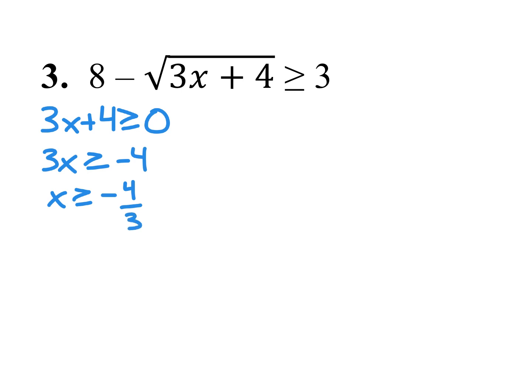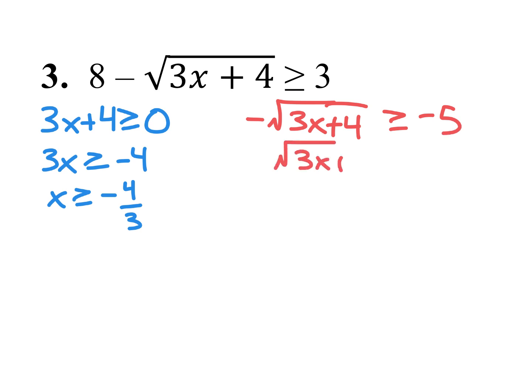Now I go back to the original problem. Subtract 8, you get -5. Divide by the negative sign. Square both sides.